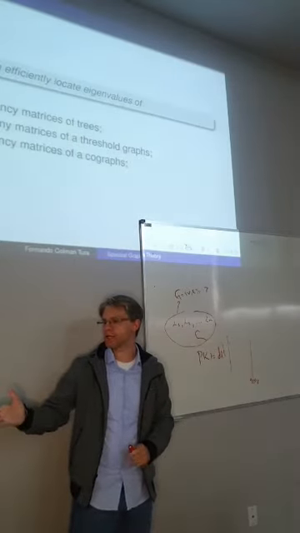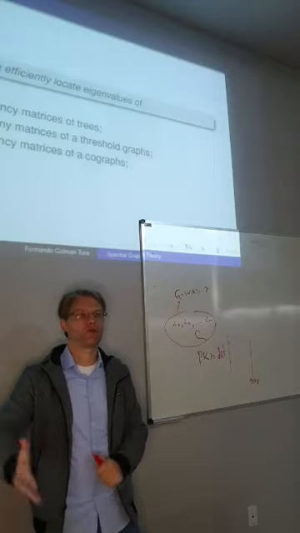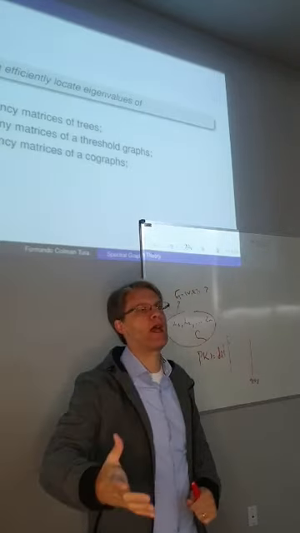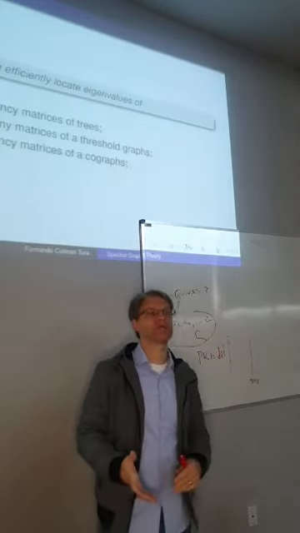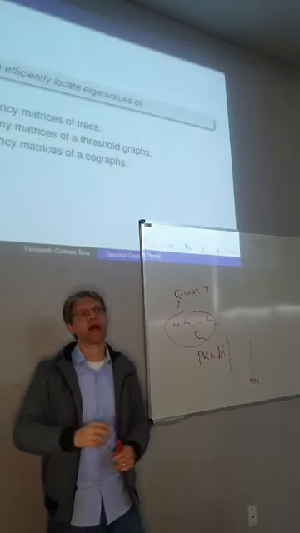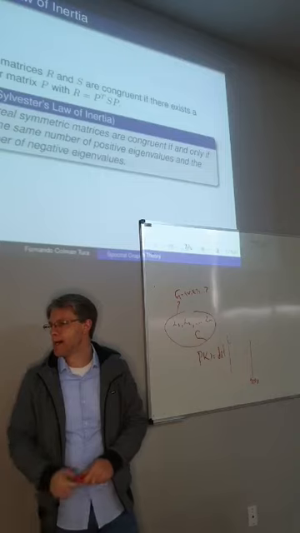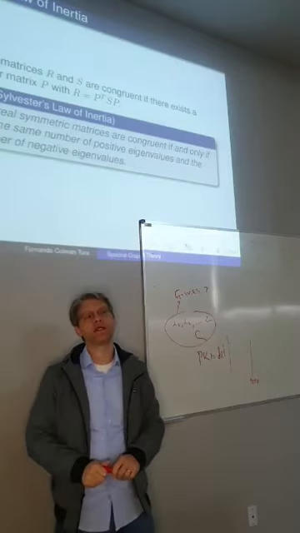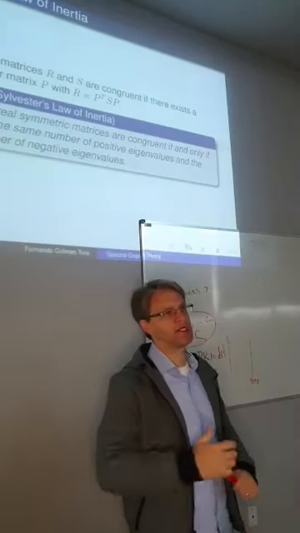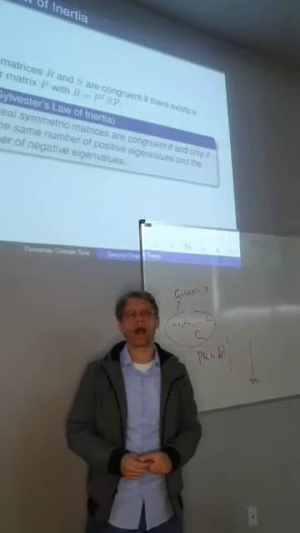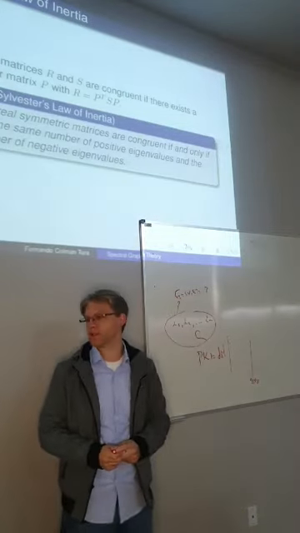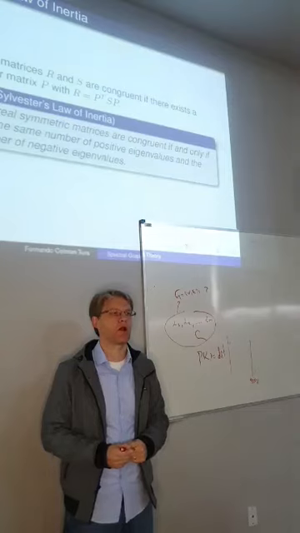In this presentation, I will show you some linear algorithms that locate the eigenvalues of a graph. For this, we need to use a result from linear algebra, known as Sylvester's law.